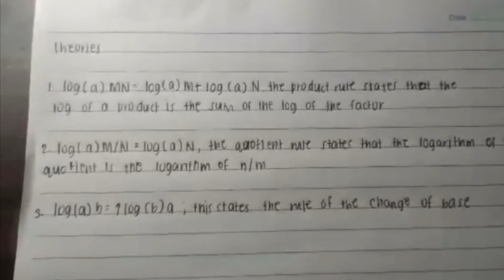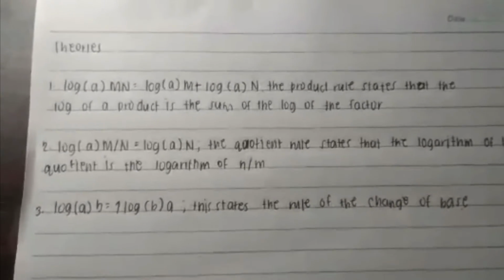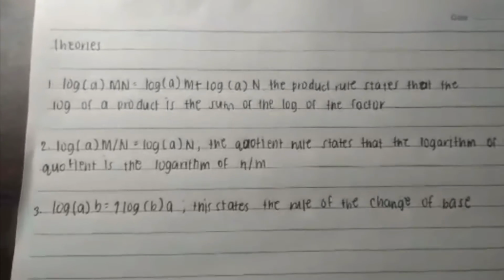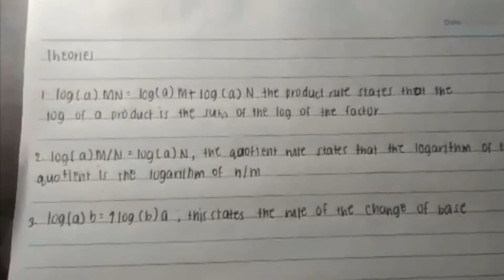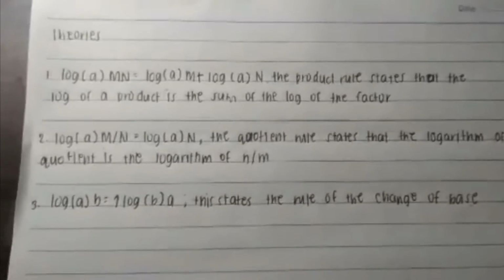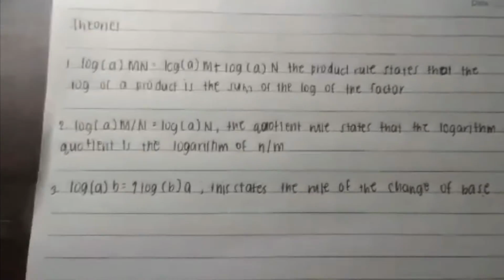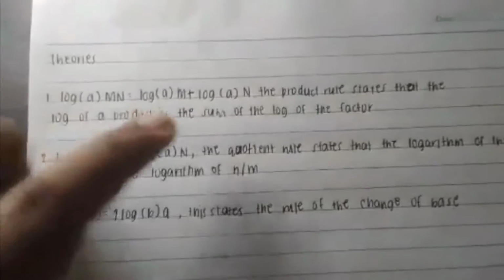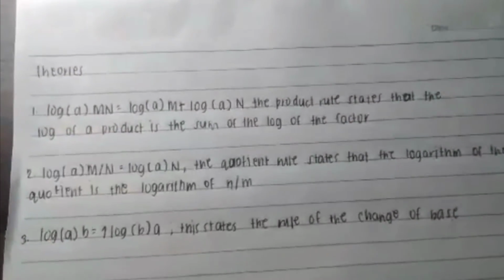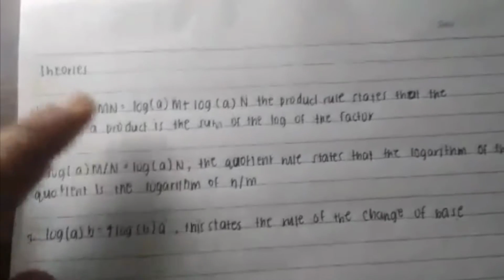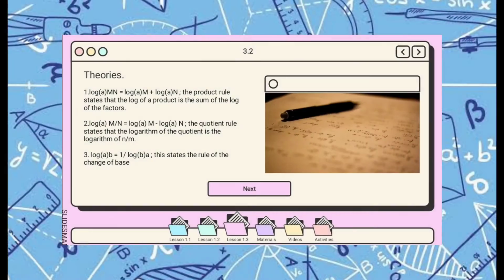Log base a of m over n is equals to log base a of m minus log base a of n. The quotient rule will state that the logarithm of the quotient is the difference of the logarithms.